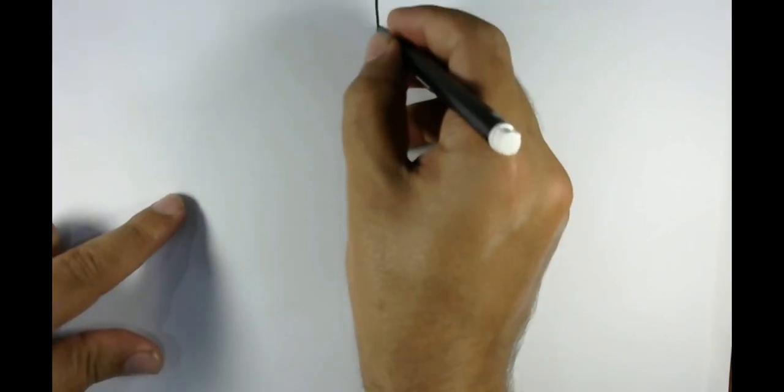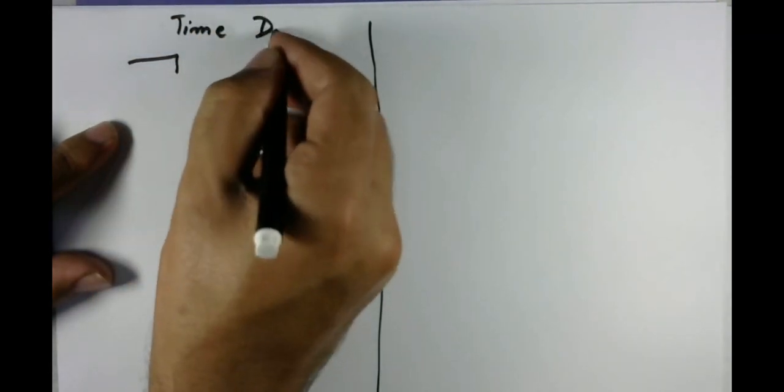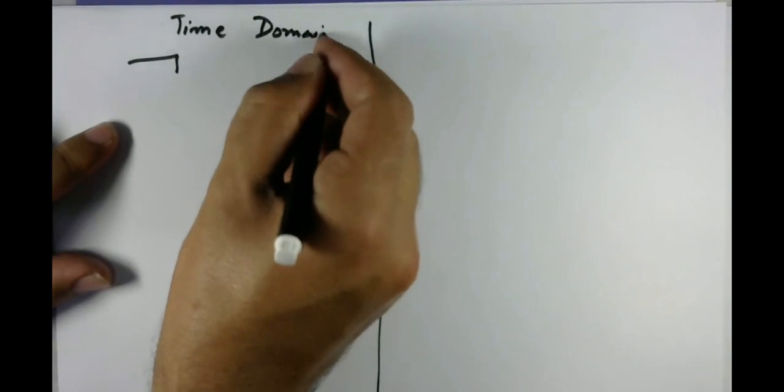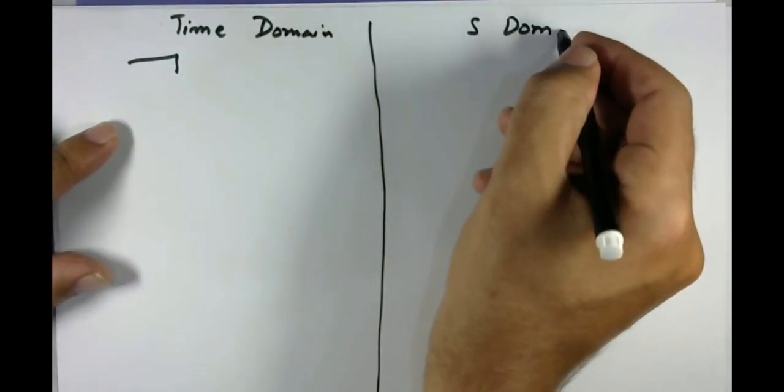Okay, so let's apply these to circuits. Okay, let's draw a table for circuits. Okay, let's say you have in time domain, I'll say this is time domain. Okay, and say this is S domain, the Laplace transform domain.